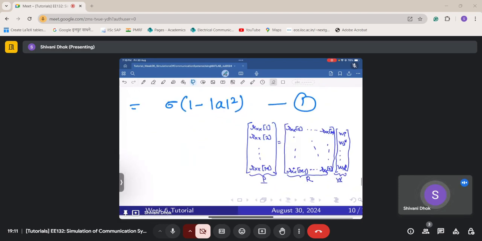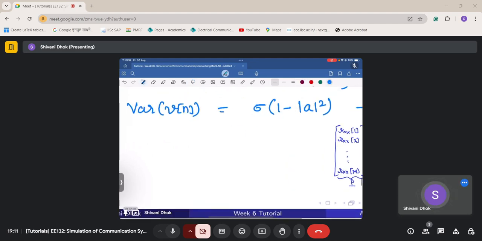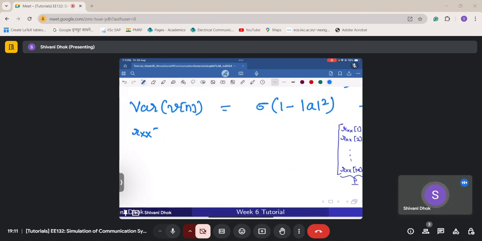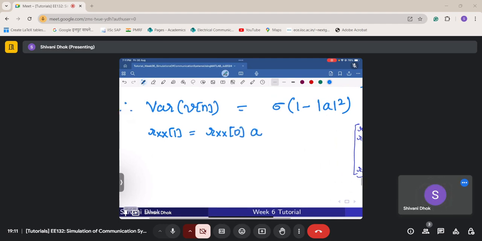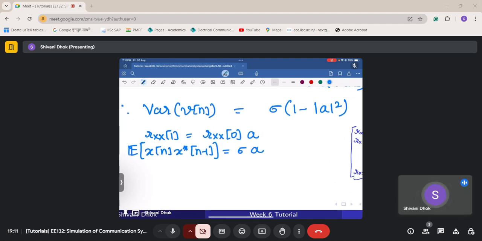Now the weight that we have is only one, so for this only one weight we get Rxx of 1 equal to Rxx of 0 into a. This Rxx of 1 is basically the expectation of x of n into x conjugate of n minus 1, and Rxx of 0 is the variance, that is sigma, given to us, into a.